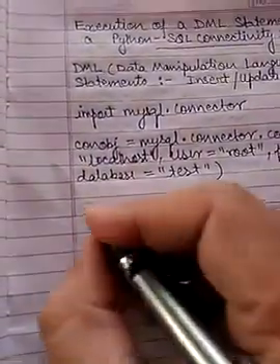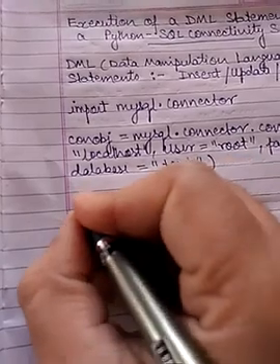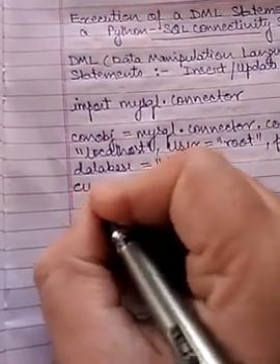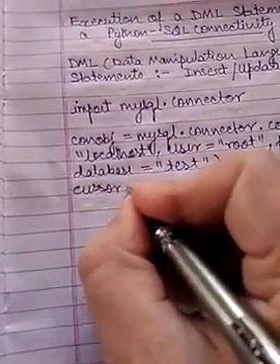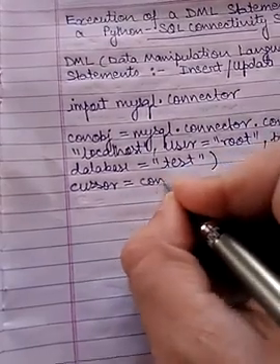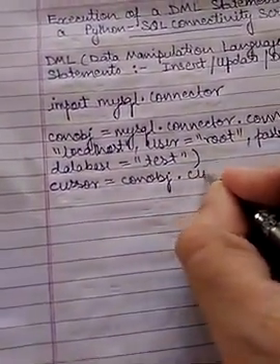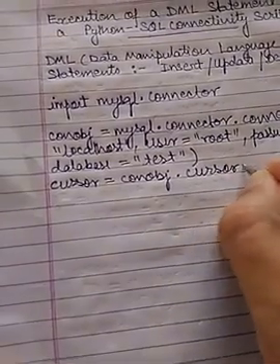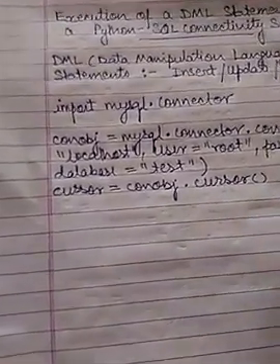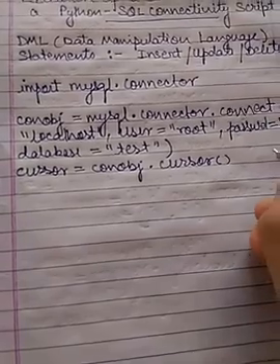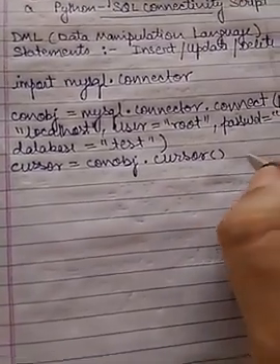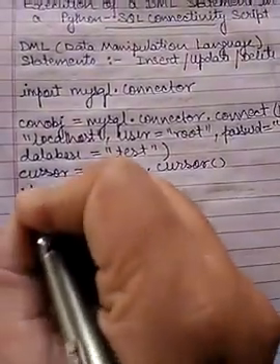Now we are writing the cursor. Cursor equal to connection object dot cursor. Now we are writing the SQL statement to update the command.